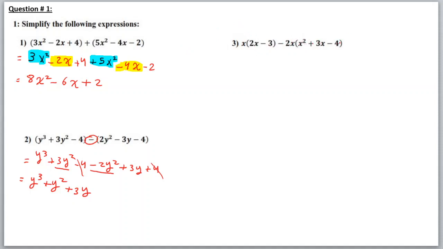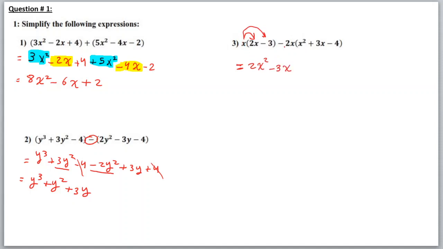x squared plus 3x minus 4. So here you should expand first, and remove the bracket. So I should multiply x by 2x, so it will be 2x squared, and then x should be multiplied by 3, so it will be negative 3x.